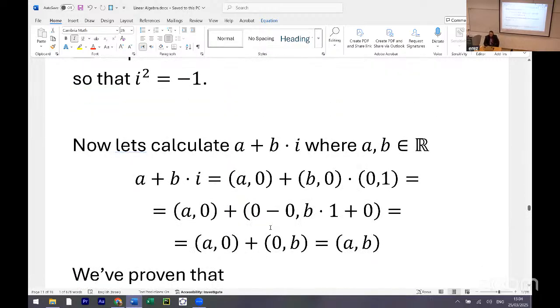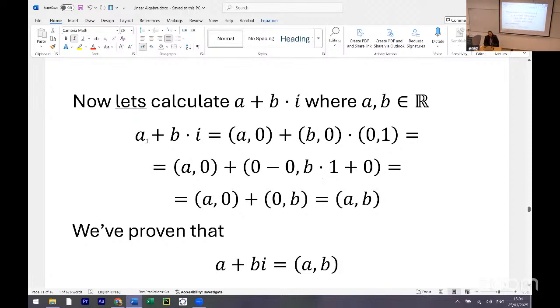And lastly, we've seen that we don't have to remember the convoluted operations, because the point (a,b) is equal to the real number a plus the real number b times i.